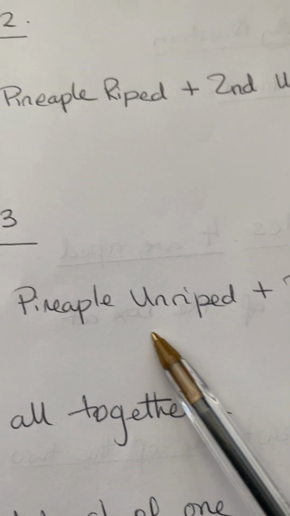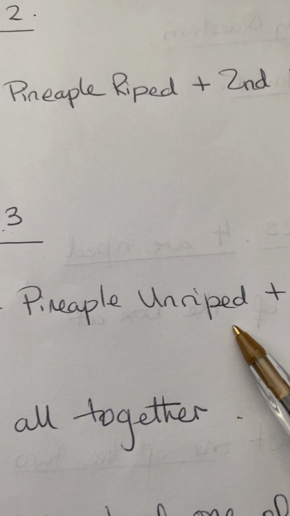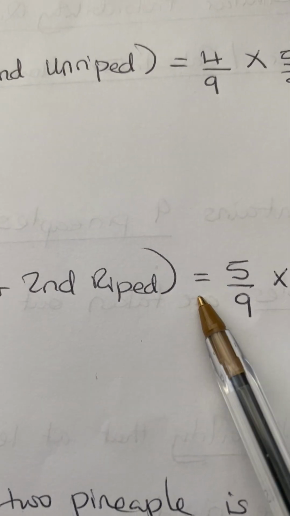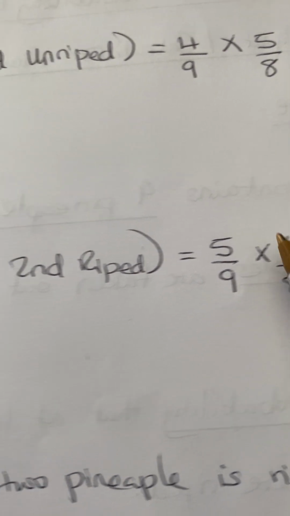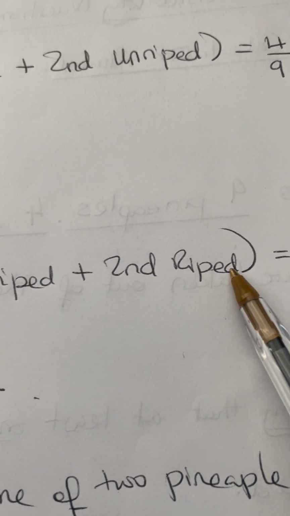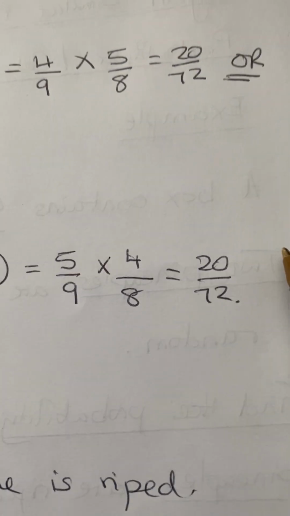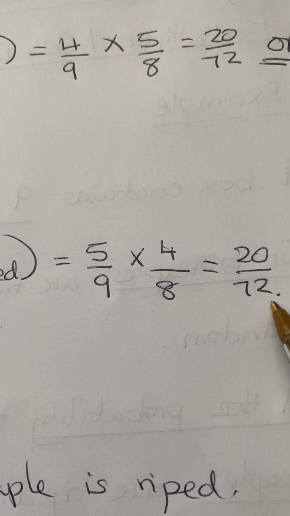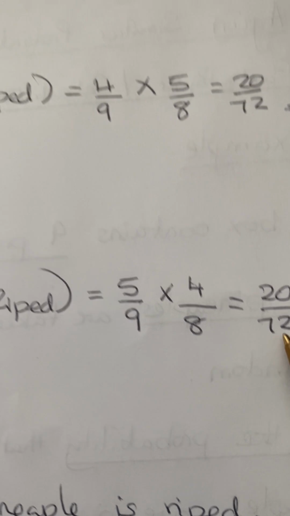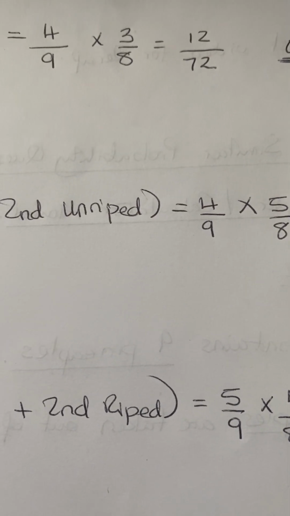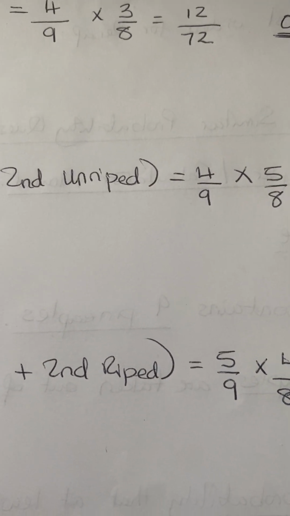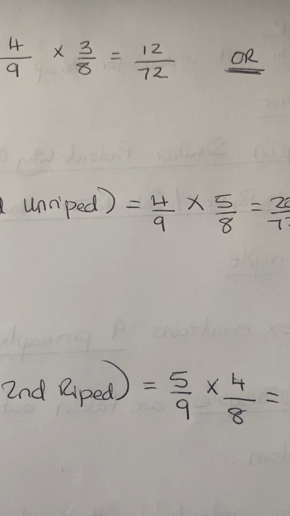So first unripe pineapple will be 5/9 times second ripe 4/8, which is also 20/72. So you are going to get 3 different cases or 3 different scenarios.